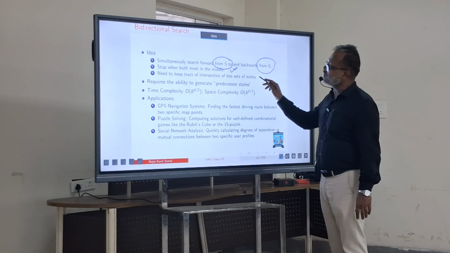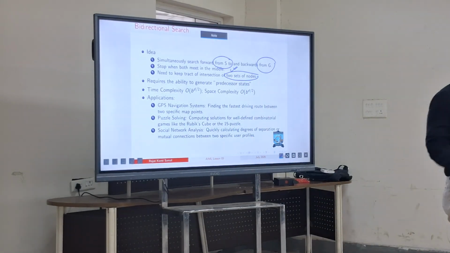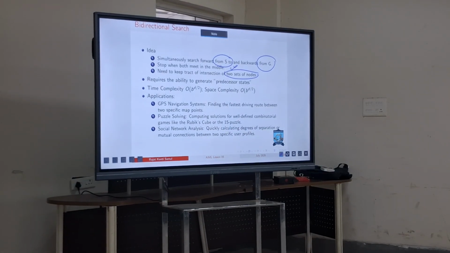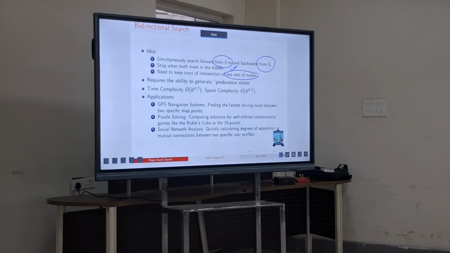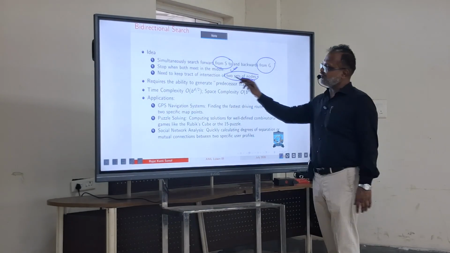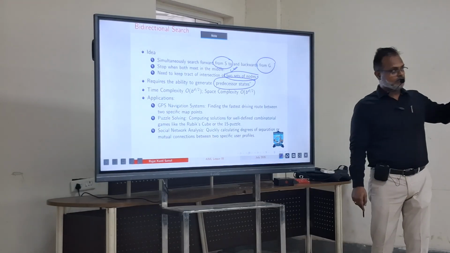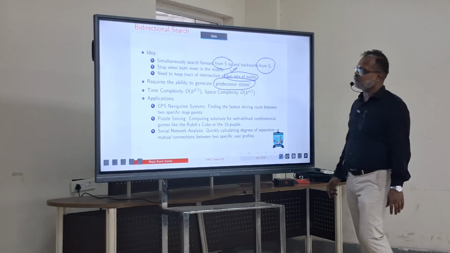Need to keep track of the intersection of the two searches. Your mind, or the computer doing this, must keep track of both these paths. It requires the ability to generate predecessor states. That means, suppose there is a state, what was the previous state in both directions. Such information should be there.